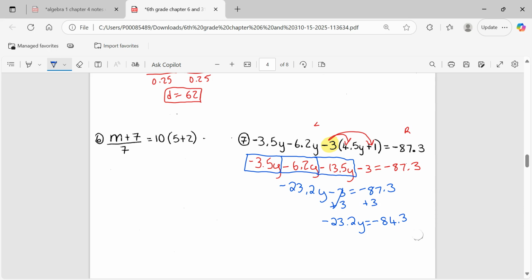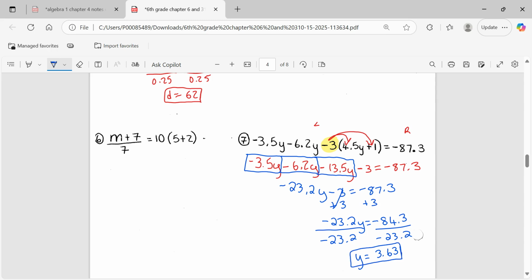Then I want to get y by itself, so I'm going to divide by -23.2. And y is going to be equal to 84.3 divided by 23.2, which is approximately 3.63. I'm going to take it there to the nearest hundredths.